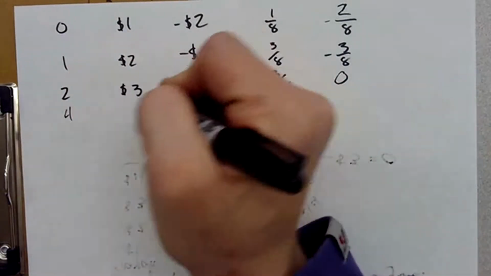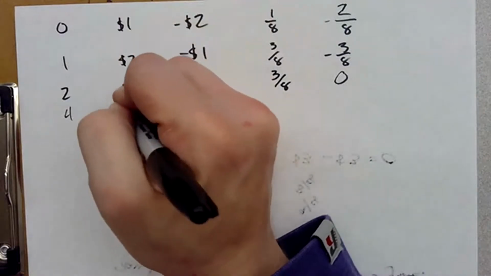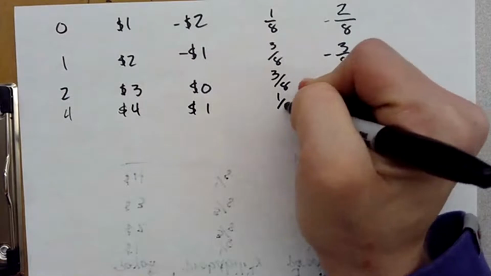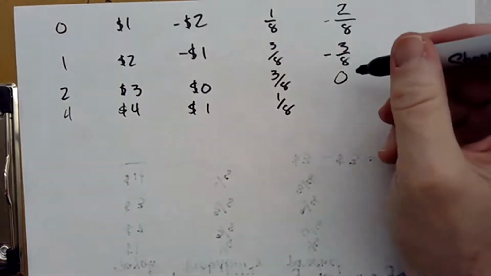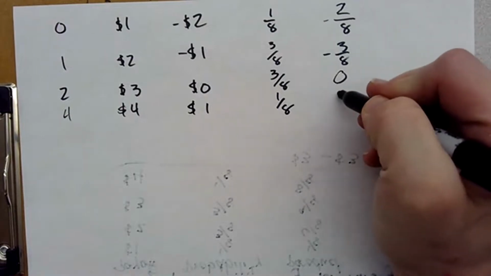And for 3 heads, we win $4. Net winnings $1. 1/8 times 1 is 1/8.